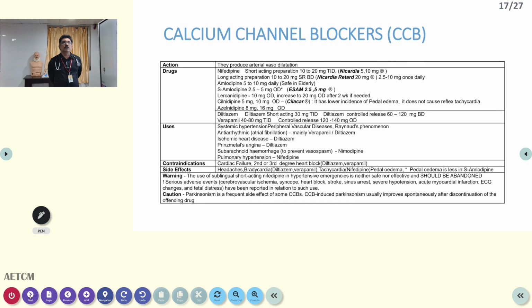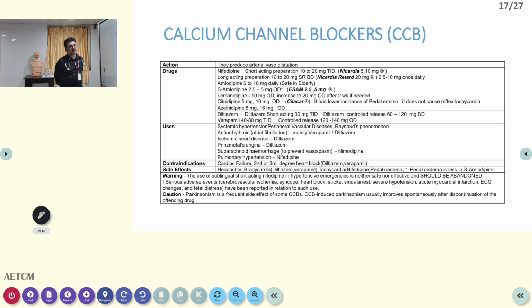Calcium channel blockers: there are two types, rate increasing calcium channel blockers like nifedipine, amlodipine, S-amlodipine, and rate decreasing calcium channel blockers like diltiazem and verapamil. So diltiazem can be used where there is hypertension with tachycardia, and amlodipine can be used with hypertension with normal heart rate. If the patient has tachycardia, most doctors combine amlodipine with atenolol, that is, a calcium channel blocker with a beta blocker.